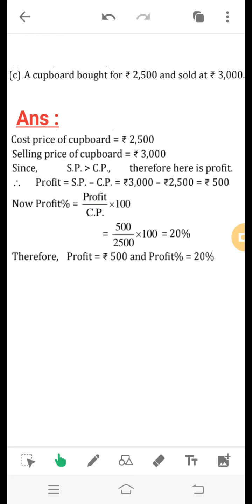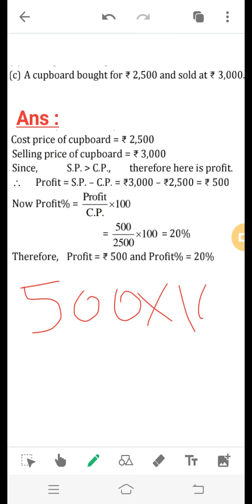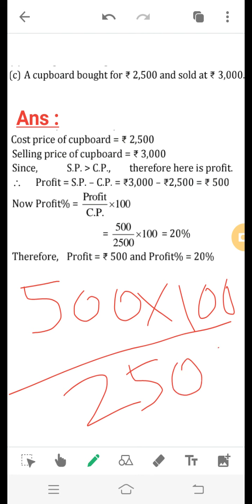Now find out the profit in the form of percentage. Profit divided by cost price, then multiplied by 100. Profit is 500. Cost price 2,500, then multiplied by 100. Now simplify this. 500 multiplied by 100, then 2,500.